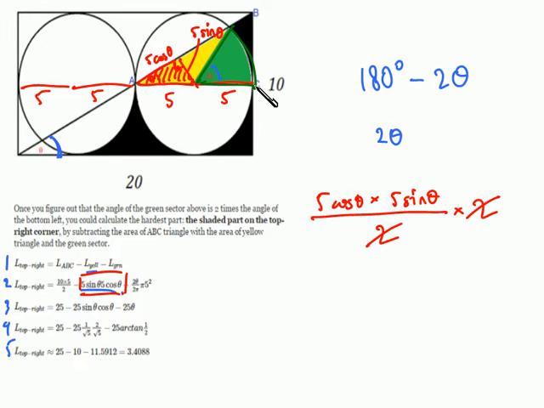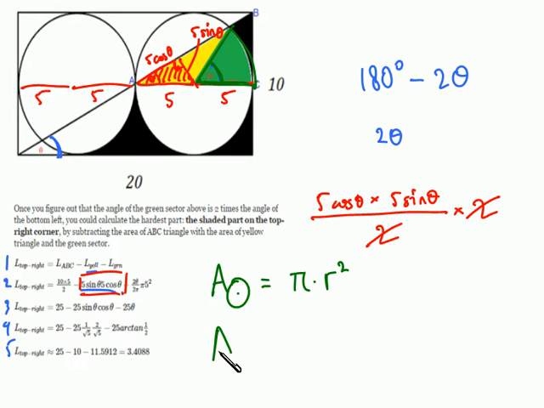This green sector is actually an incomplete circle. The area of a complete circle is pi times radius squared. In this case the radius is 5, but you don't want to calculate the whole circle, you just want this part.